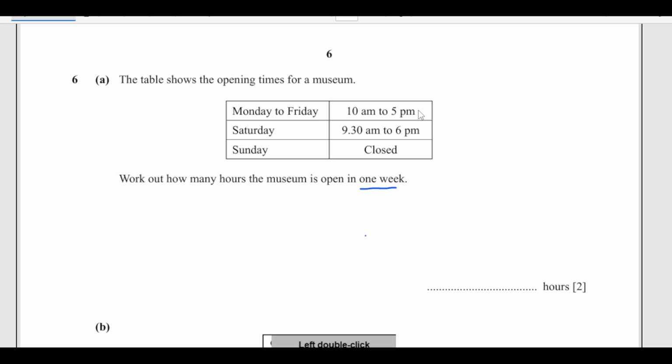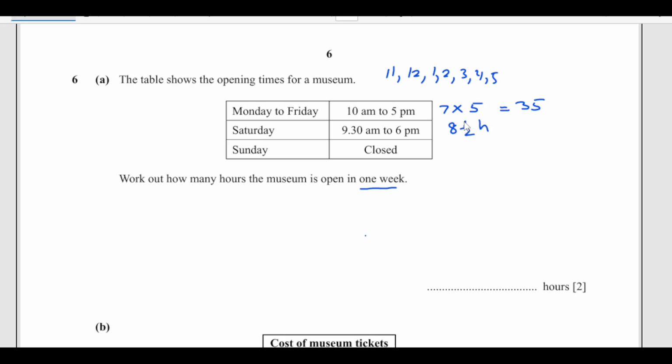So Monday 10 to 5, how many hours is that? 10 to 11, 12, 1, 2, 3, 4 and 5. So this is 1, 2, 3, 4, 5, 6 and 7 hours, and Monday to Friday they are 5 days, so it is 35, right? And Saturday 9:30 to 6 p.m. So this is 8.5 hours, right?